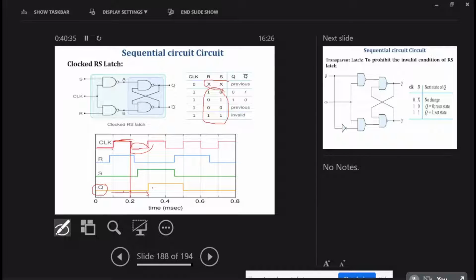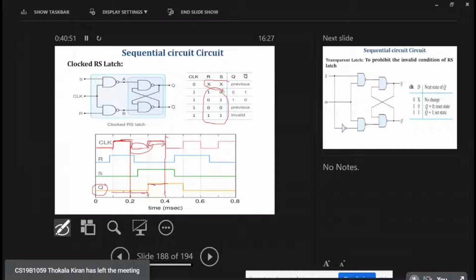If we observe here, after this, the levels of R and S are 0 and 1. Again, during this clock period, it is 1. When it is disabled, it will follow the previous value. So the previous value will be this one till the time it is again enabled.